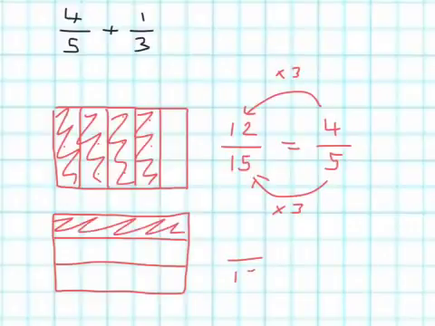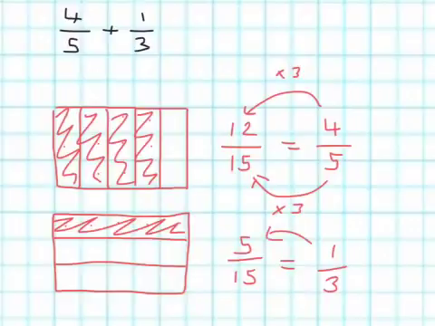Again, my new rectangle is out of 15 pieces, and I can count how many small squares are inside that. 1, 2, 3, 4, 5 out of 15 is the same as 1/3, and we can do the same calculation again to check. So 1 multiplied by 5 would make 5, and 3 multiplied by 5 would make 15.